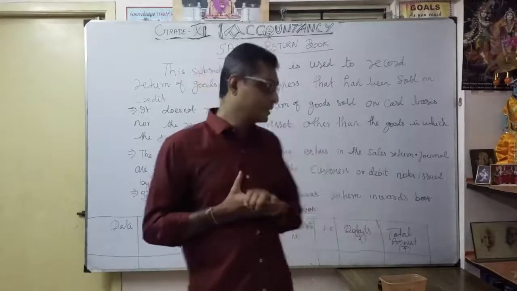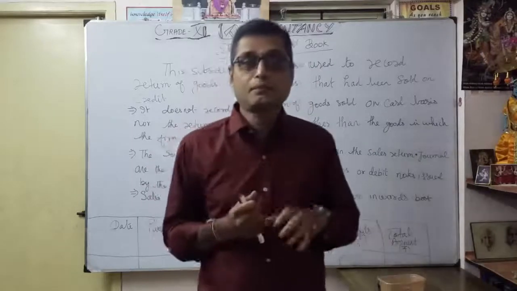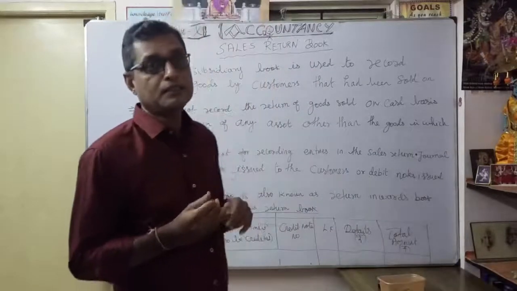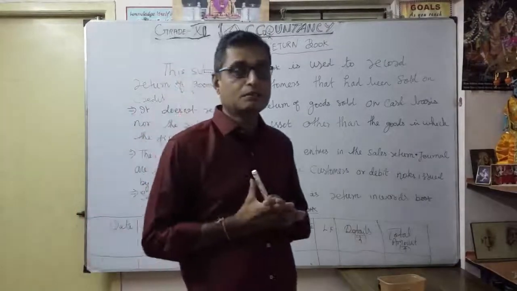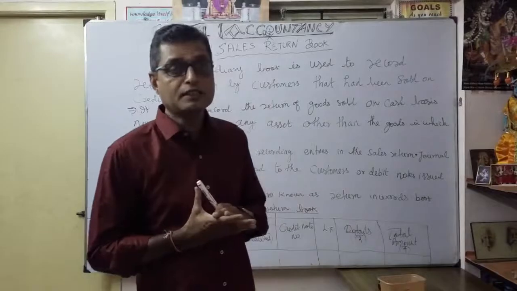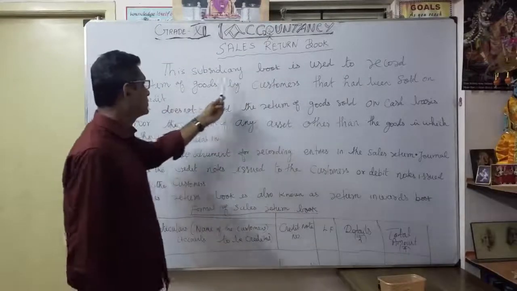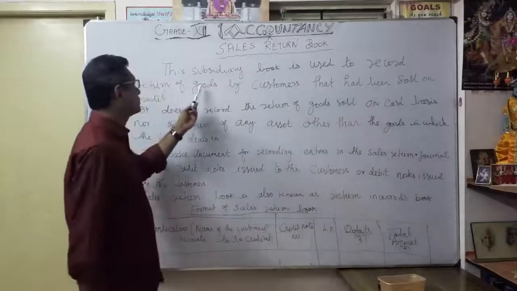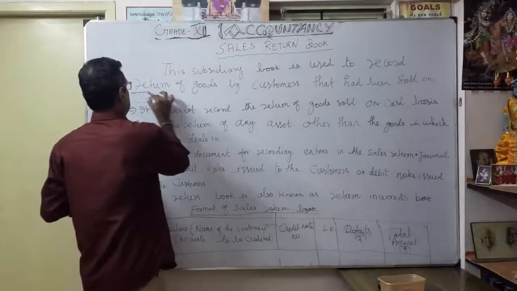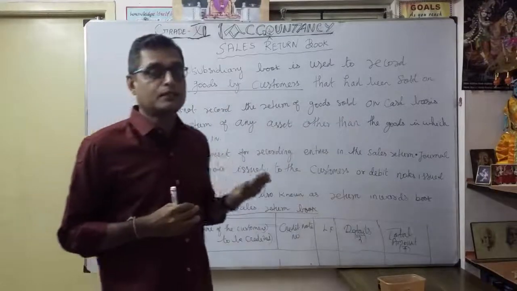Now let's see the meaning of the sales return book. What is the exact importance and purpose of preparing the sales return book? Once you understood the purchase return book, the sales return book is the opposite. As a subsidiary book, the sales return book is used to record the return of goods by customers. Earlier we sold goods on credit basis.